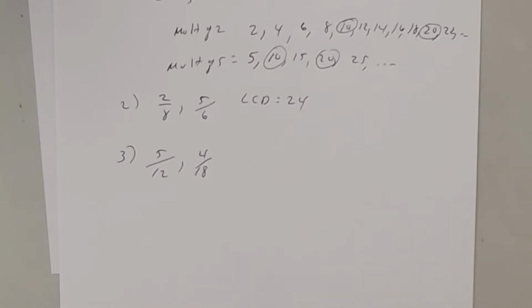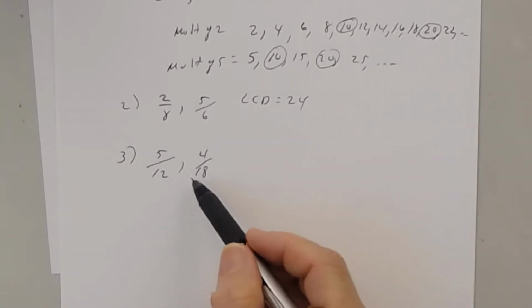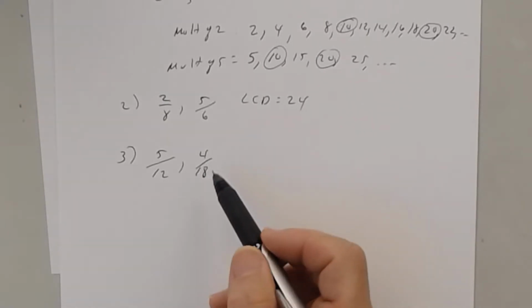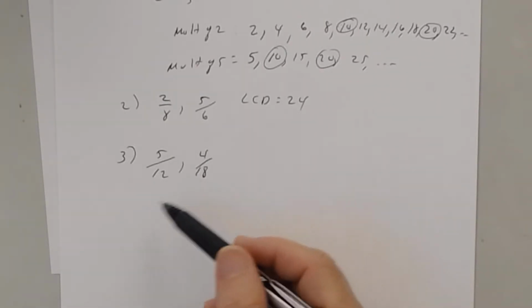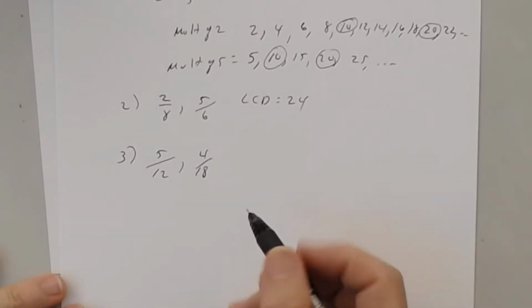Sometimes when the numbers get big, what you can do is this. Always start with the largest one and look at its multiples. 18. 18 times 1 is what? Does 12 go into 18 evenly? No. 18 times 2 is what? Does 12 go into 36 evenly? Yes. So 36 is your answer.